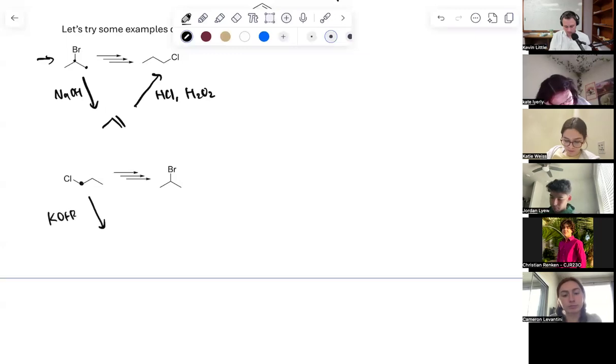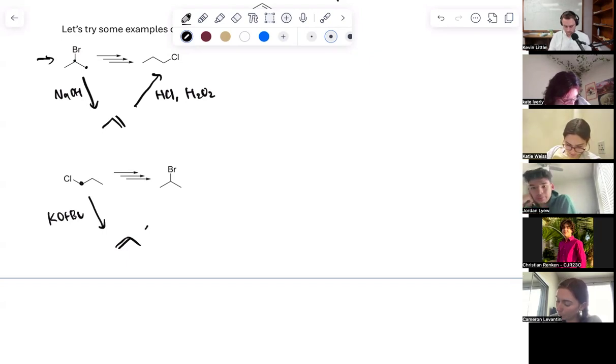My default bulky base is KOtBu. That's the better option. If you put sodium hydroxide here, we'd be a little bit lenient with the grading, but the bulky base would be better for this case because it's a primary alkyl halide. You don't want to do a substitution. So that would get me an elimination product.